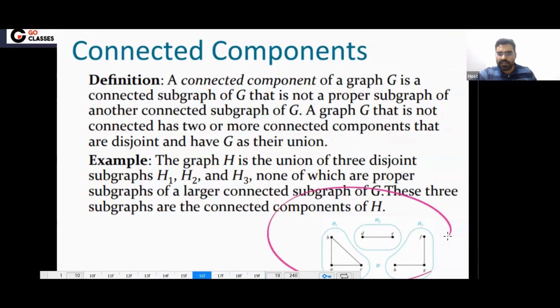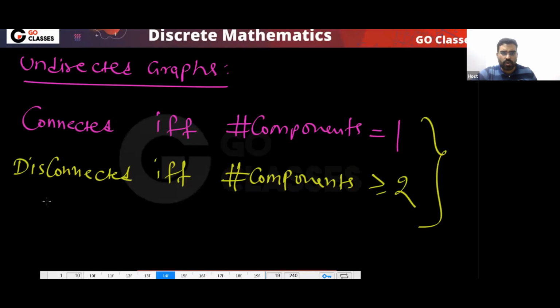In this graph, how many components do you have? 3 components: this is a component, this is a component, this is a component. So a connected component is basically a maximal connected subgraph. What is a component? A component is basically a maximal connected subgraph.